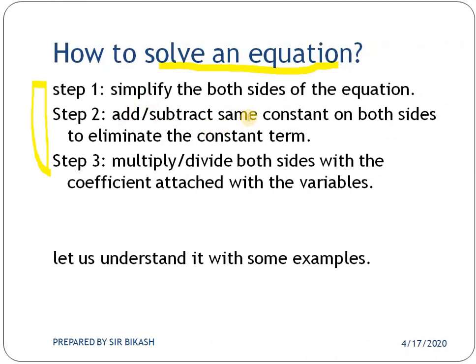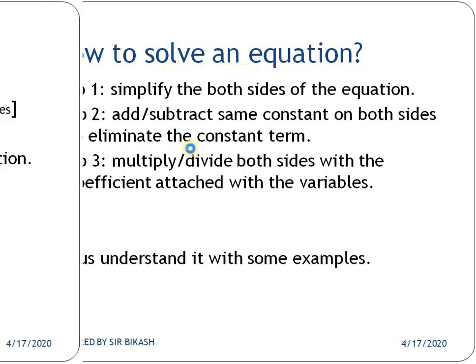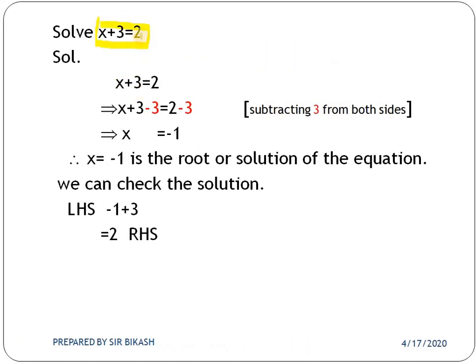Next, add or subtract the same constant on both sides to eliminate the constant term. Here the two constant terms are 3 and 2. We have to eliminate this 3, so that on the left hand side we will have only the variable. So how to eliminate this 3? Do you have any idea?